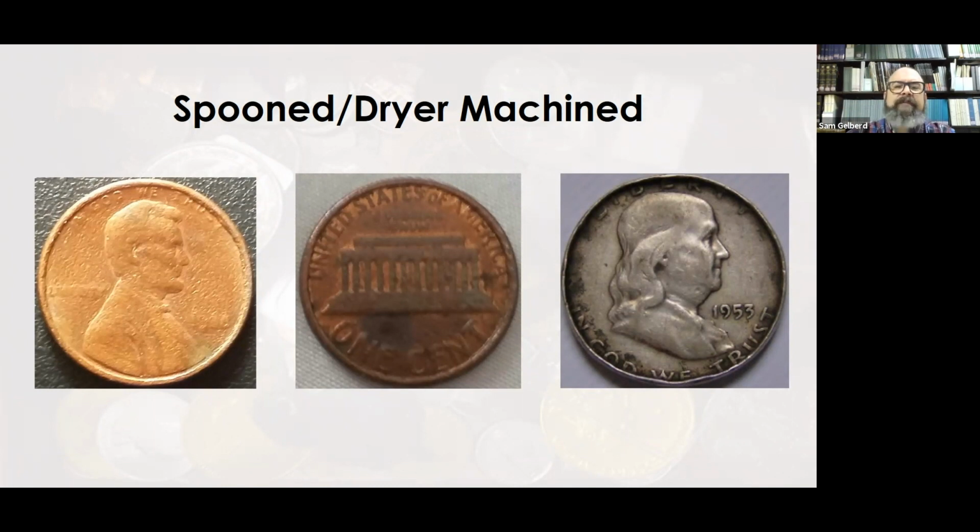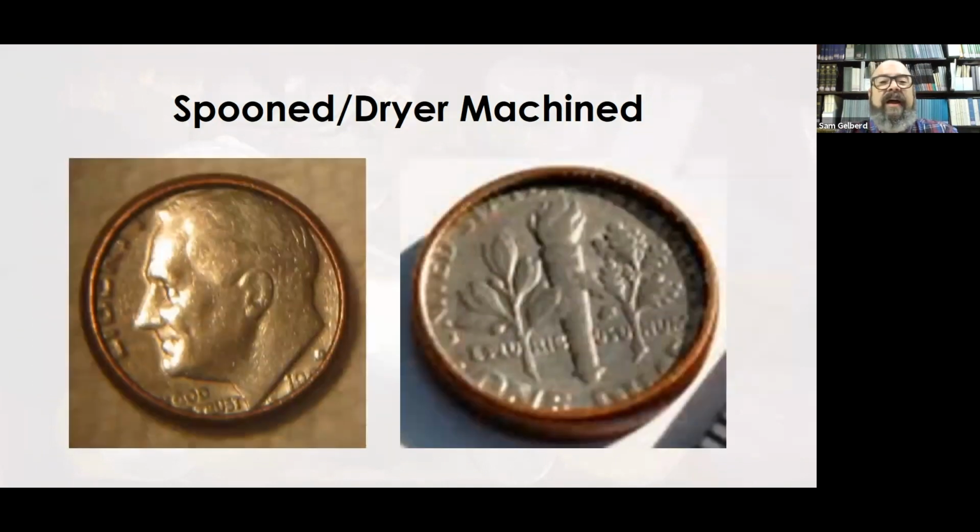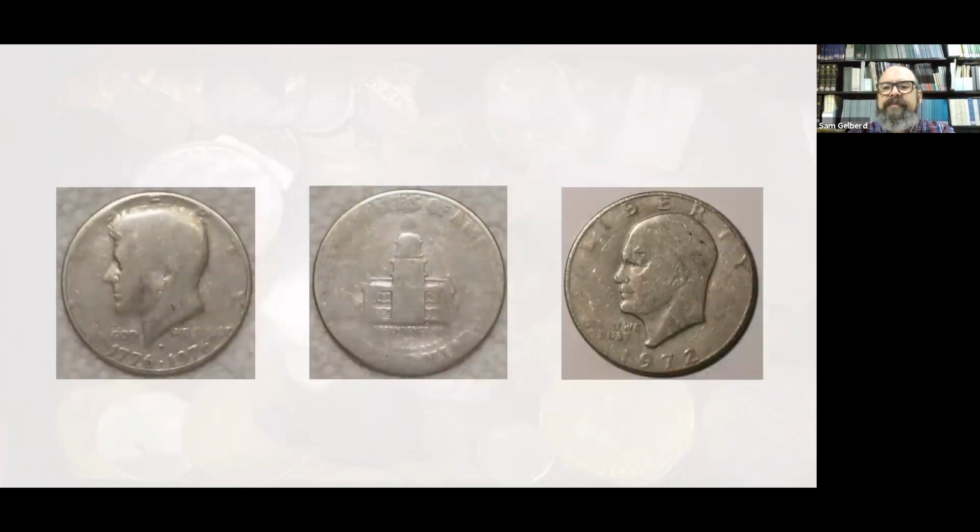It could be with silver coins like the Franklin half dollar you see there, where maybe someone was trying to make a piece of jewelry, taking a spoon and repeatedly banging the edge over and over again, trying to at some point perhaps make a ring. You can see right here, there's another example of a dime or two dimes that had come out of clothes dryers. The edges kind of roll in on themselves. Kind of strange how that happens.